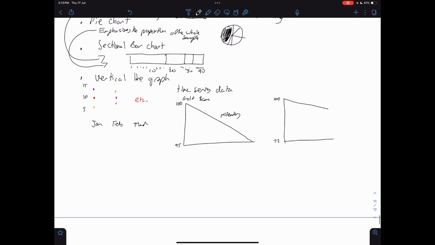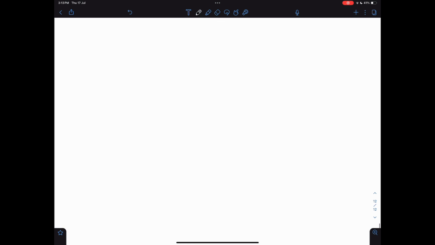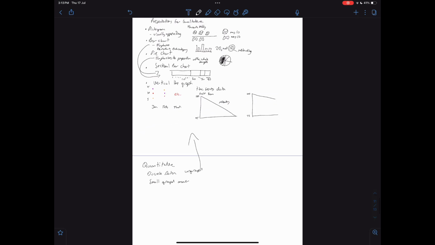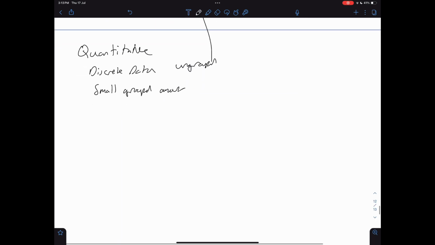For quantitative, there are a few we can use. If we're looking at discrete data, for ungrouped, just use one of these if it's ungrouped.